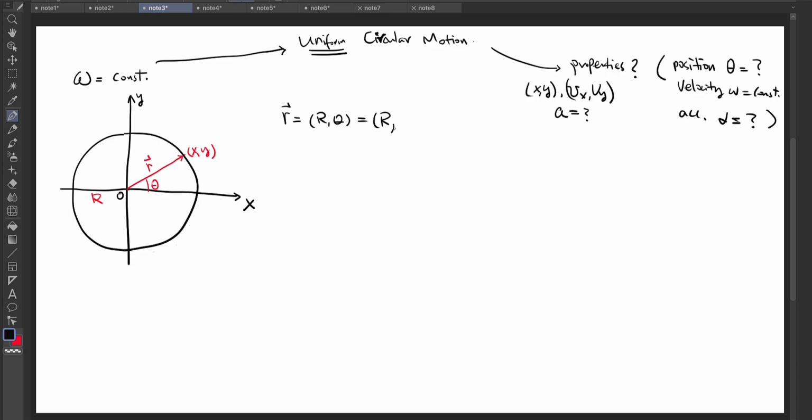Now I want to use the condition that omega is constant. We remember that omega is defined as d theta dt. Just like the linear 1D motion, where v equals dx dt, we can go from there and figure out the theta. So theta is theta initial, theta I, plus omega times delta t. If I pick the starting position here, theta I will be 0.